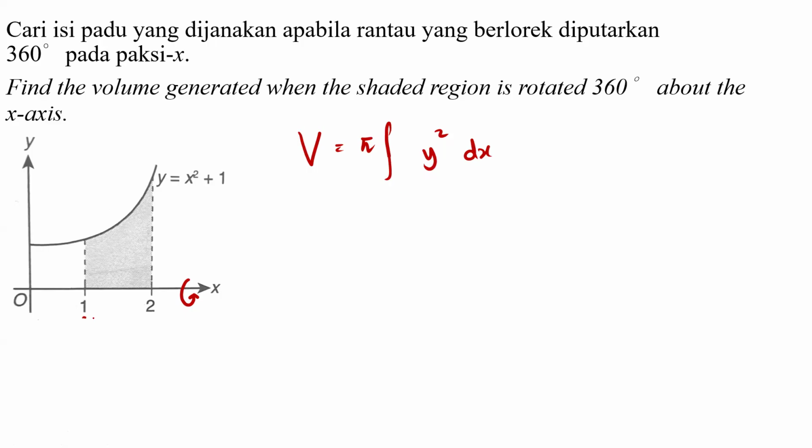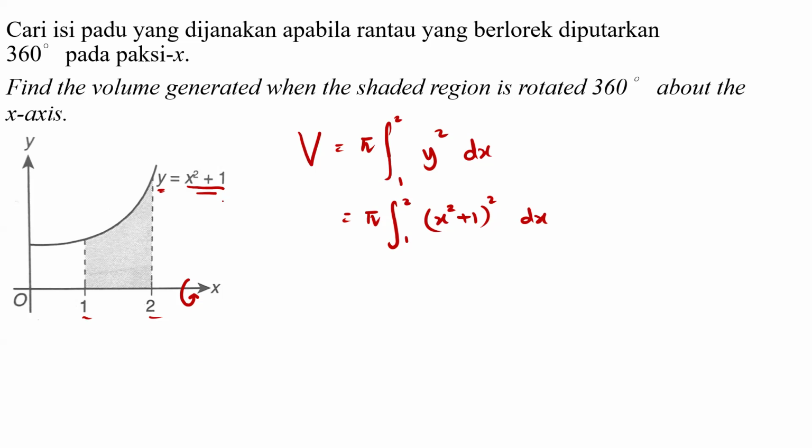So do we have? Yes, 1 and 2. Can I write y squared in x? My y is x squared plus 1. So let's put it in. The y is x squared plus 1. Don't forget the whole y, you have to square it. One more time. Must square.